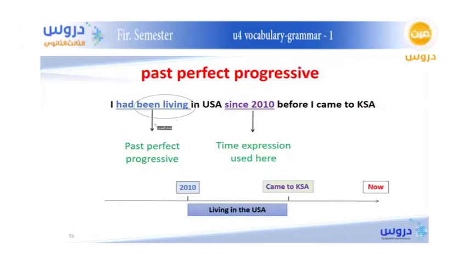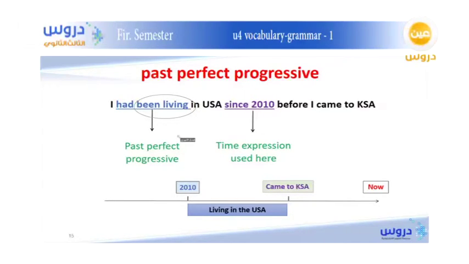All right. Now we are going to see how to use past perfect simple and past perfect progressive. Now, as you said before, if you want to use past perfect simple, it describes an action which was completed before a specific point of time in the past, or completed before another action in the past.